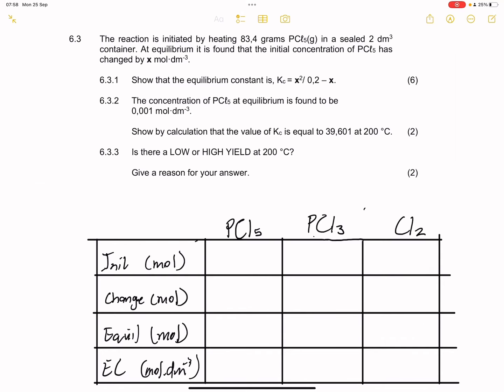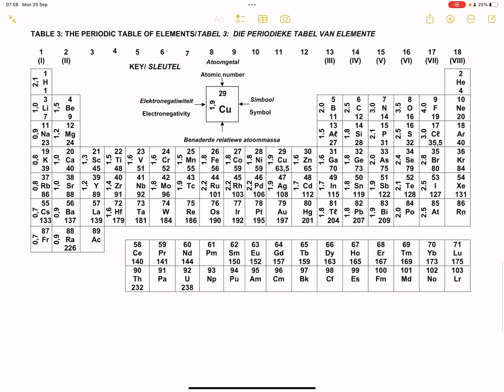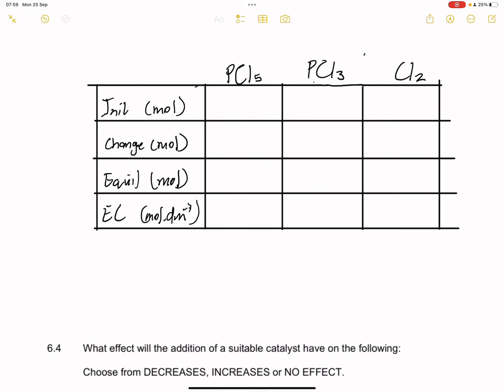So we've got 83.4 grams of PCl5. On our periodic table, there it is at the bottom there. We've got phosphorus, which is 31, and chlorine, which is 35.5. So we're going to look for the number of moles. Number of moles is mass divided by molar mass.